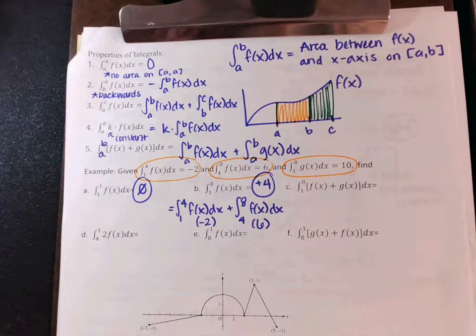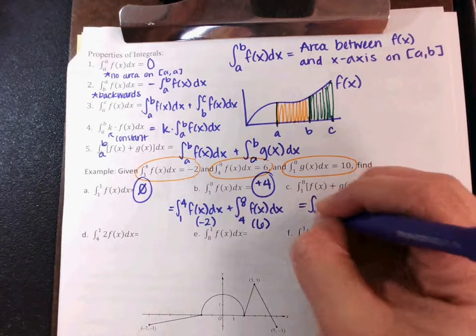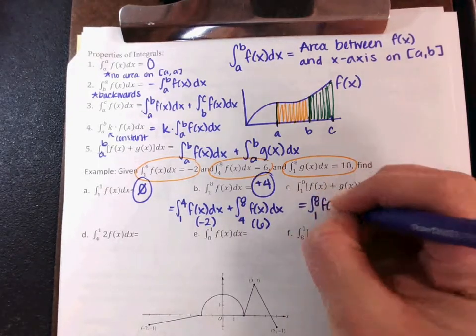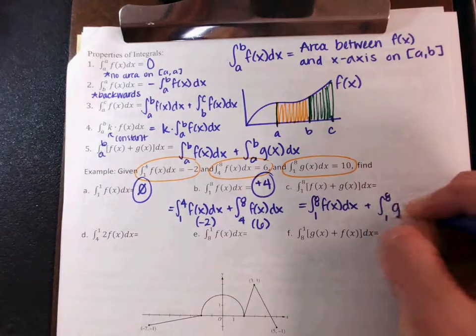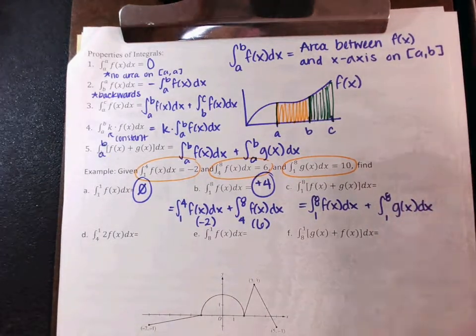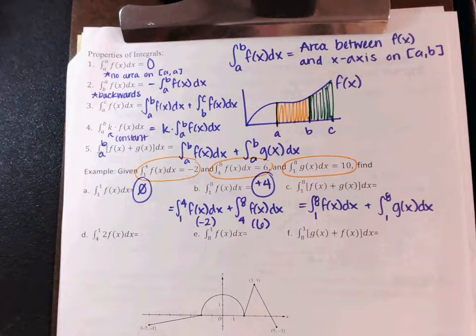Okay, then my next one, I want letter C. I want the integral from 1 to 8 of f plus g. That's the same as the integral from 1 to 8 of f of x plus the integral from 1 to 8 of g of x. What's the integral from 1 to 8 of f?